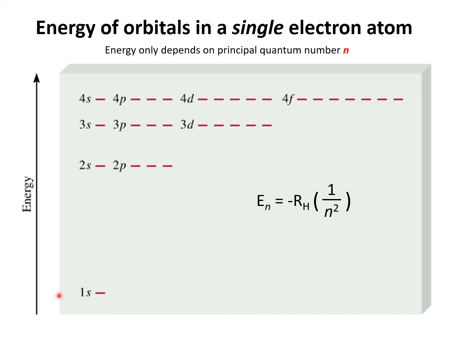So we see that the 1s atomic orbital is the lowest energy atomic orbital because it has a principal quantum number of n equals 1. The next lowest energy orbitals are the 2s and 2p atomic orbitals, which have principal quantum number n equals 2. Then we have the 3s, 3p, and 3d atomic orbitals, which have a principal quantum number of n equals 3, and so on.